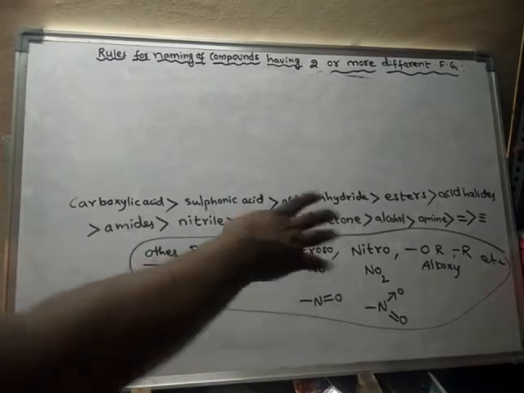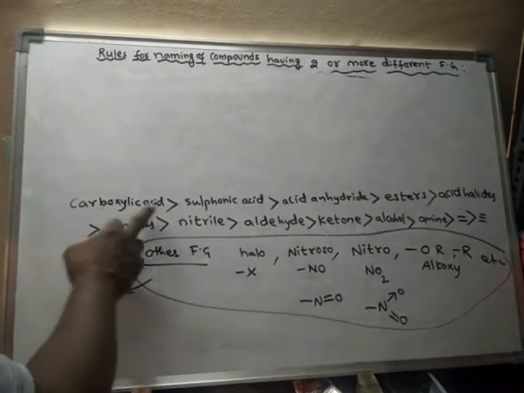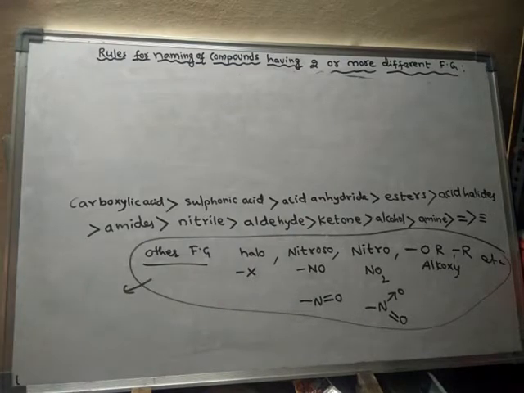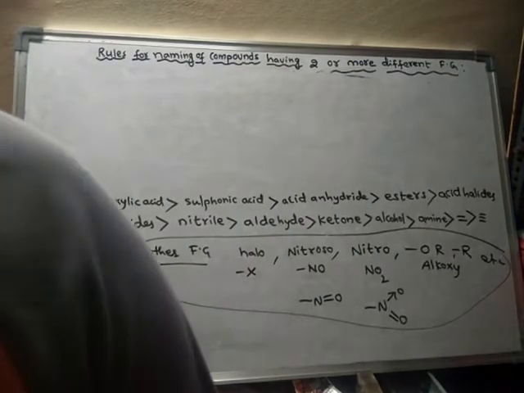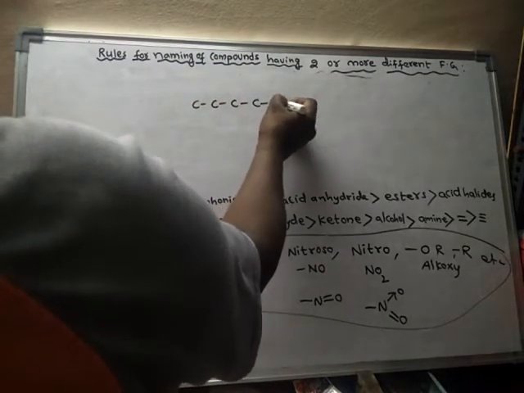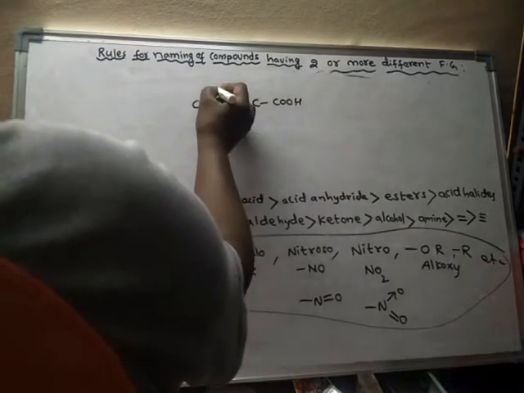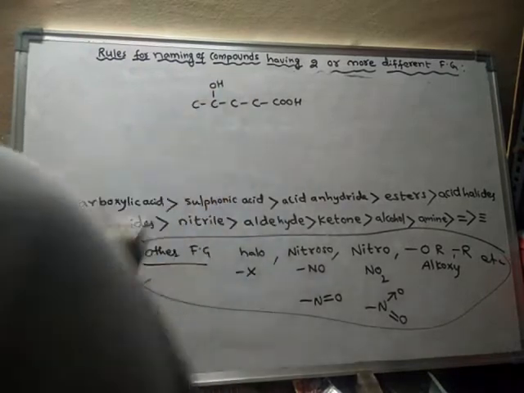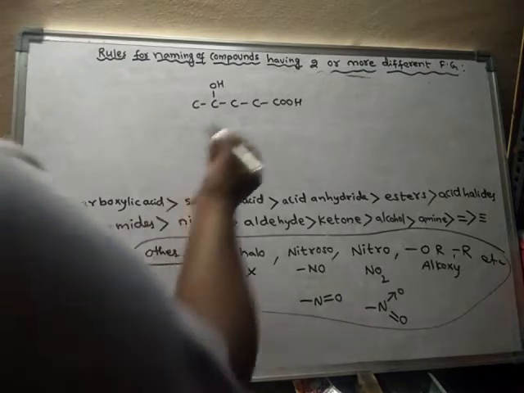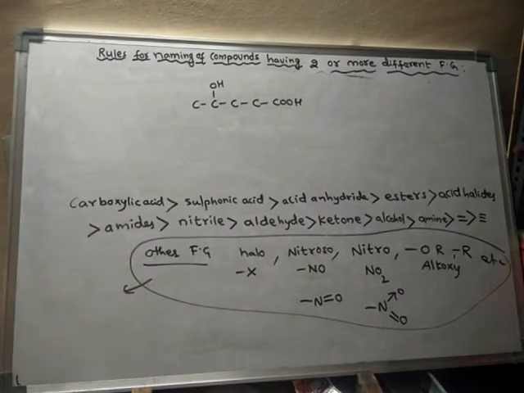So just note this order: carboxylic acid, sulfonic acid, acid anhydride, and so on. So let us see one example. Suppose this is the compound. Okay, now what is the name of this compound?